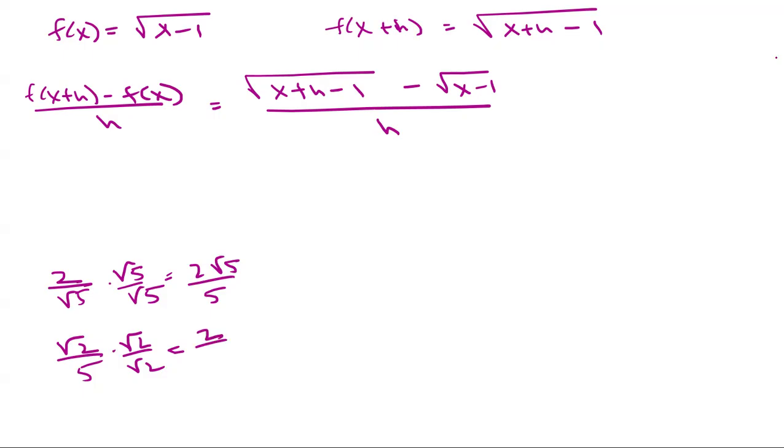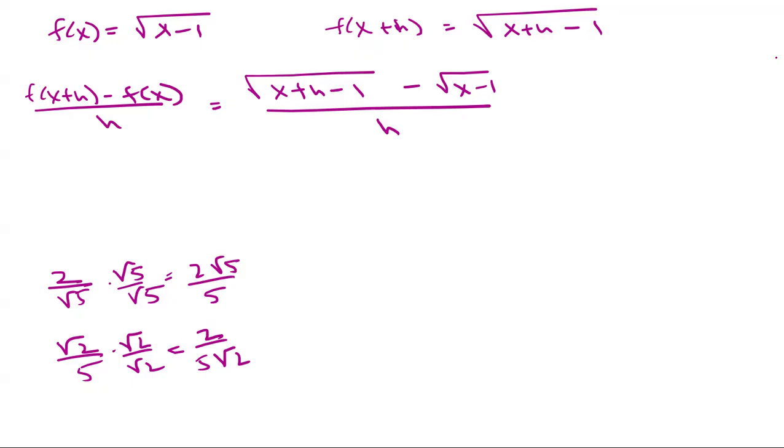That gives me 2 over radical 5 is the same thing as 2 radical 5 over 5, and radical 2 over 5 is the same thing as 2 over 5 radical 2. So they're equal. This is called rationalizing the denominator for the top part here, and then rationalizing the numerator for the bottom part.